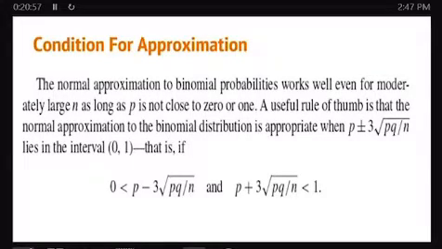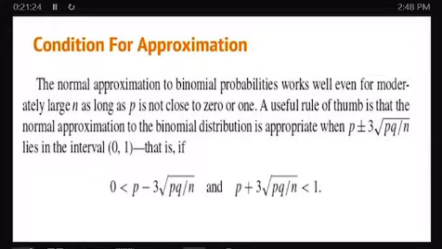Now, having justified that, I want to go into the condition for approximation. If I'm working with binomial, why do I need normal approximation? Because when the sample size is large, using the conventional binomial probability mass function would be very tedious in terms of computation.